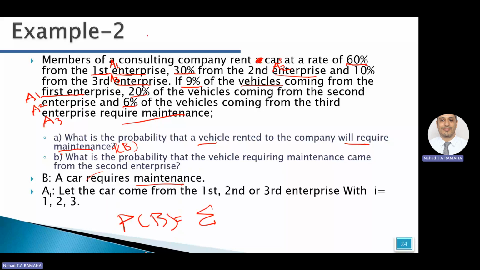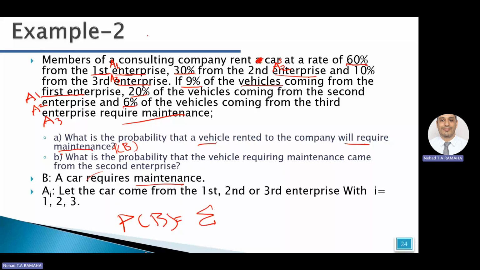So it's a summation for j equal 1, 2, 3. Why 3? We have 3 companies. Probability of B, the car broken, coming from a specific company multiplied by the probability of the company.